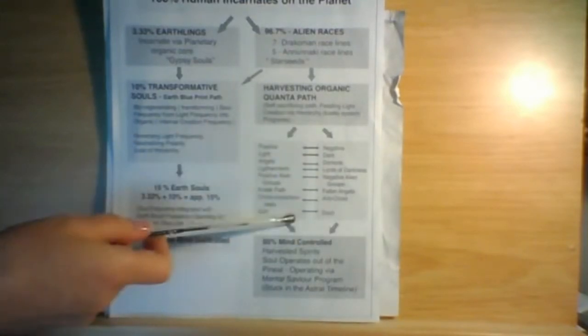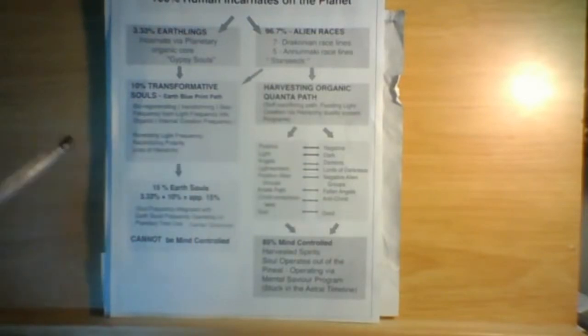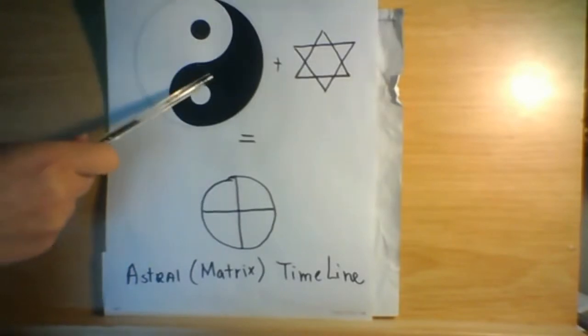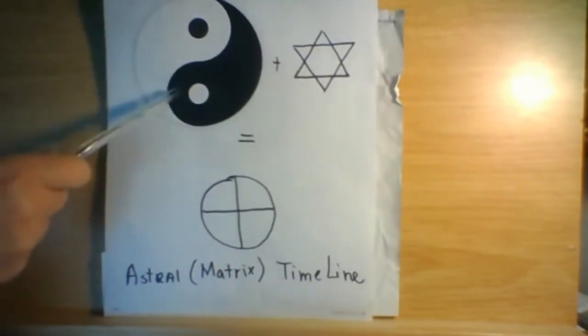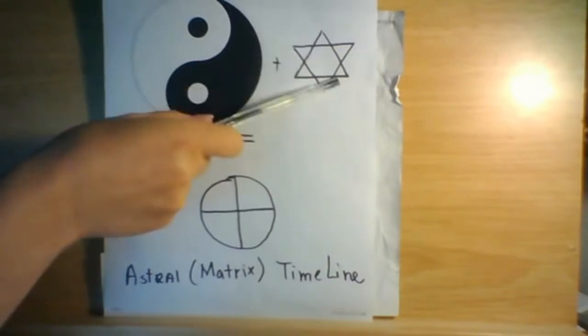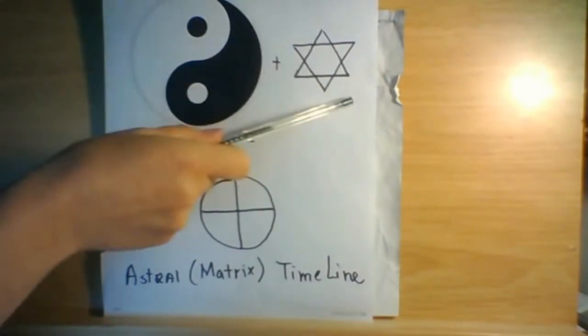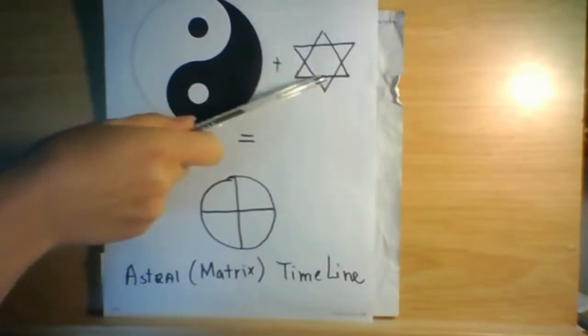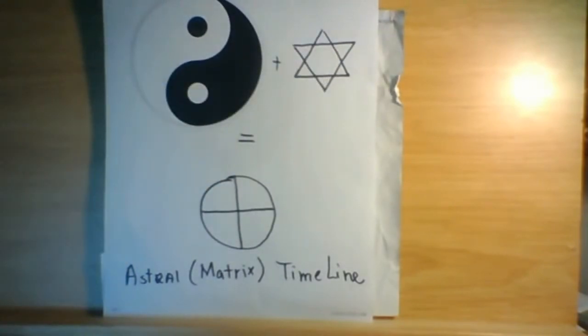All of that is a harvesting path, because it is relying on friction that is created by overlaying the light existence over internal source organic creation.